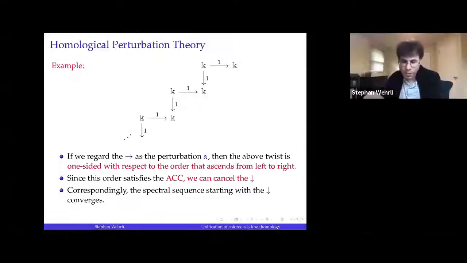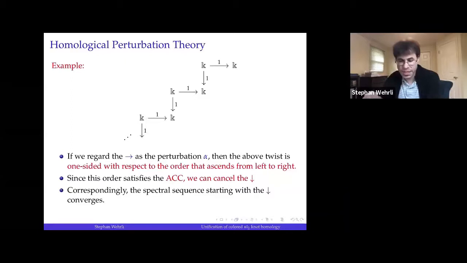Here we have some bicomplex. So the total complex is just supported in 2 homological degrees. Now we can think of the vertical differentials as being the original differentials and of the horizontal differentials as being the perturbation. And then this is a twist. It's one-sided because all the horizontal differentials point in one direction, and it satisfies the ascending chain condition because you can't go arbitrarily far to the right.